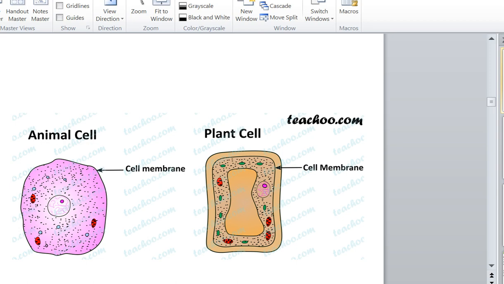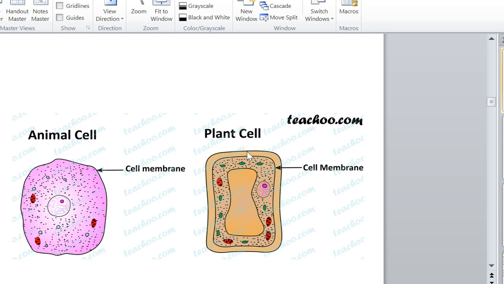All cells, animal and plant cells, are surrounded by a thin layer called the cell membrane, a cover of all cells. Animal cells are surrounded by a cell membrane, and plant cells are surrounded by a cell membrane, the inner one. But what about the thick one? Here, look.